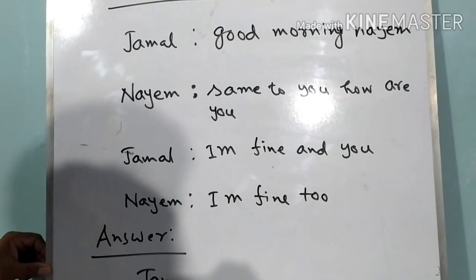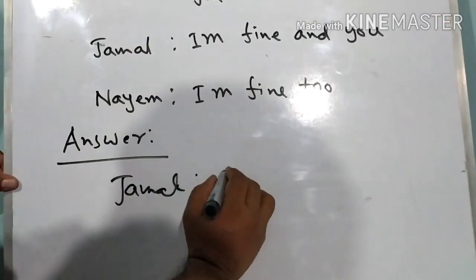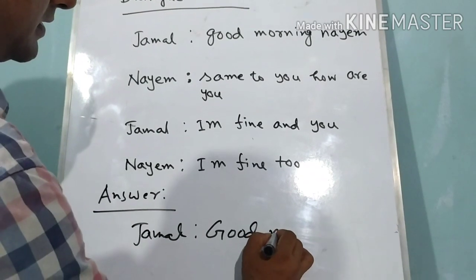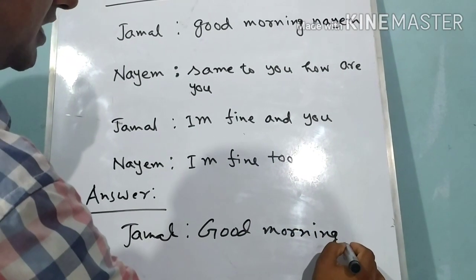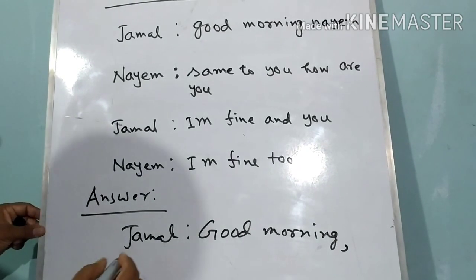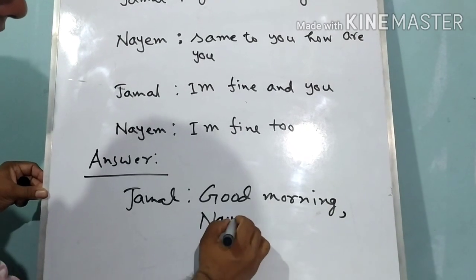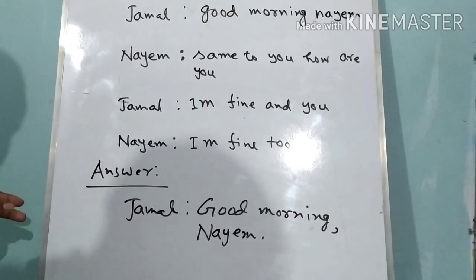Jamal says good morning. Here G will be capital. And after good morning you have to use comma. Then you have to write Naim with a capital. Then you have to use full stop.